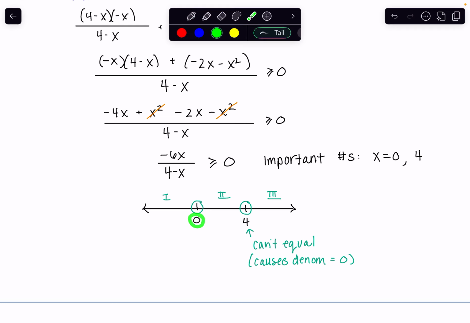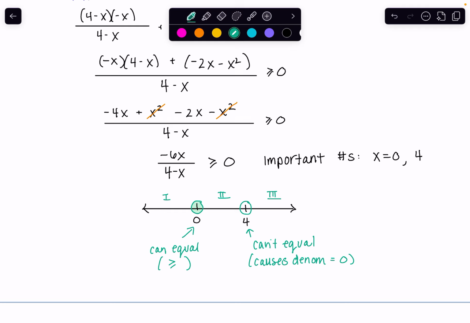But for this value, this is where the numerator equals 0. So that's where you care about the inequality sign. And since it's greater than or equal to 0, we can indeed fill that in. Because the symbol we have is this one.